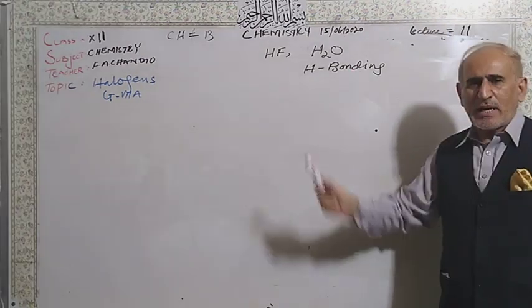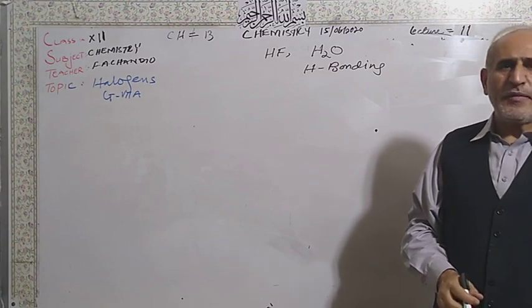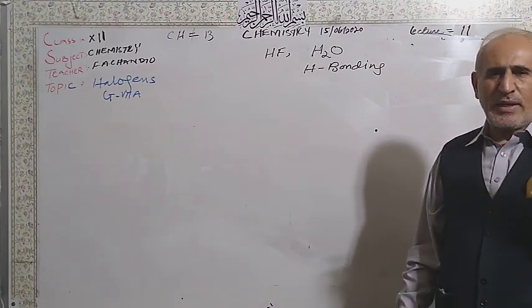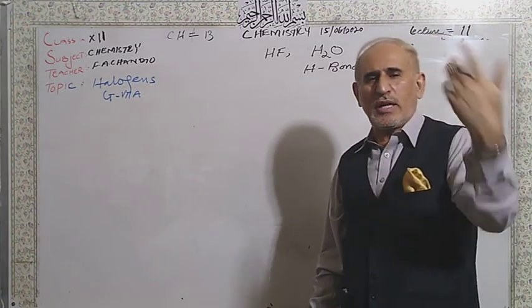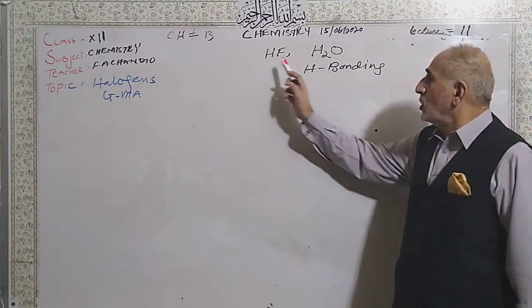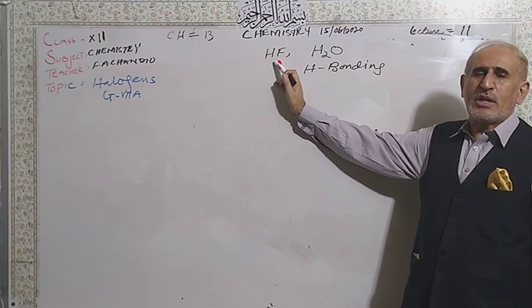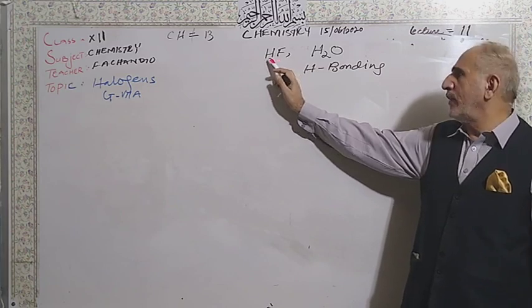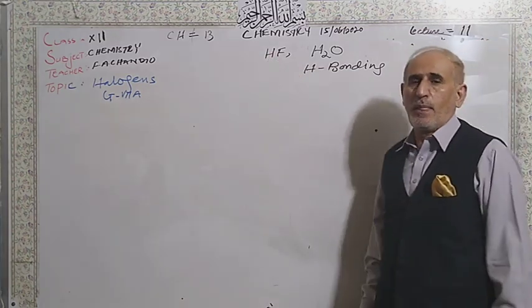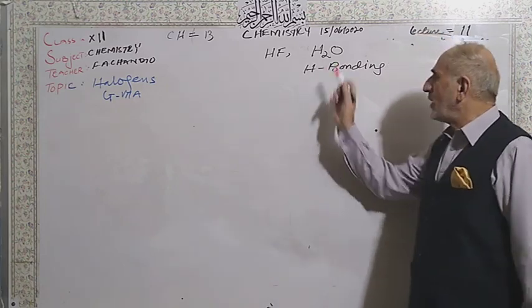Hydrogen bonding is a special kind of bond which is between the smallest atom, hydrogen, and fluorine, oxygen and nitrogen. In hydrogen fluoride, the bond is strongest due to the highest electronegativity difference between hydrogen and fluorine. And next one is water.